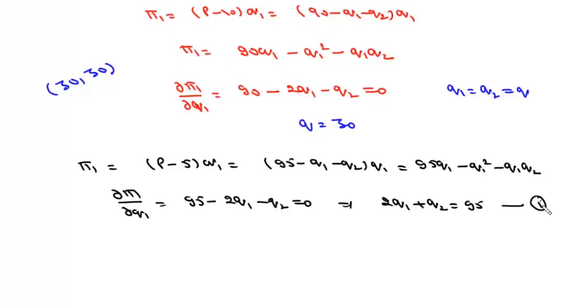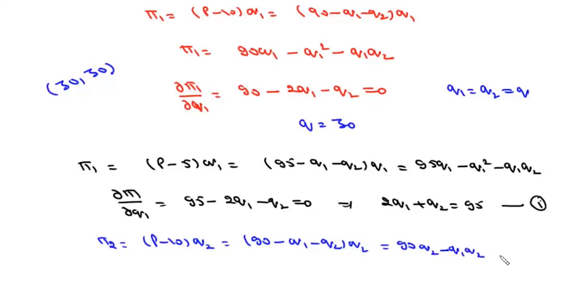Now for this firm 2, there is no change in marginal cost, so it will be (P minus 10) into Q2, and there will be (90 minus Q1 minus Q2) into Q2, which is 90 Q2 minus Q1 Q2 minus Q2 square, and again we'll differentiate this with respect to Q2.